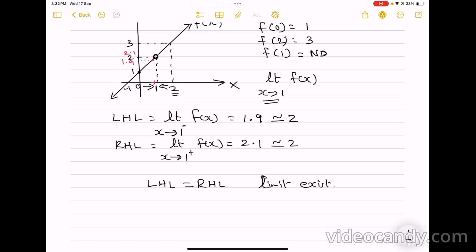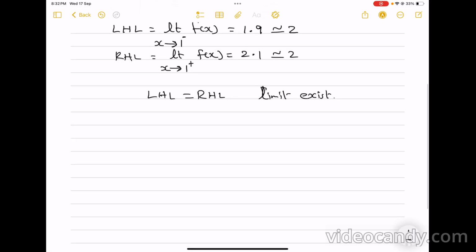So basically the limit operation is used to find the answer near to that number at that place. Suppose I give you another example.